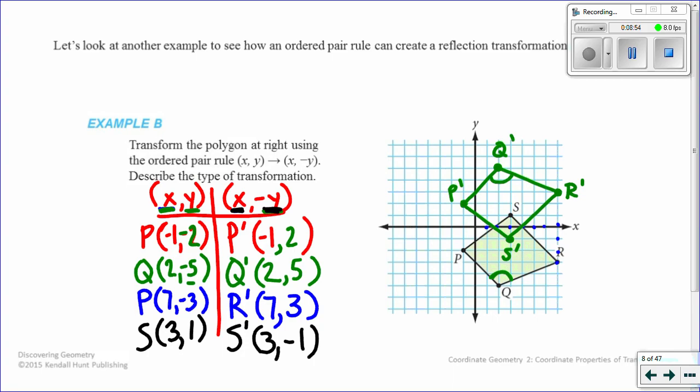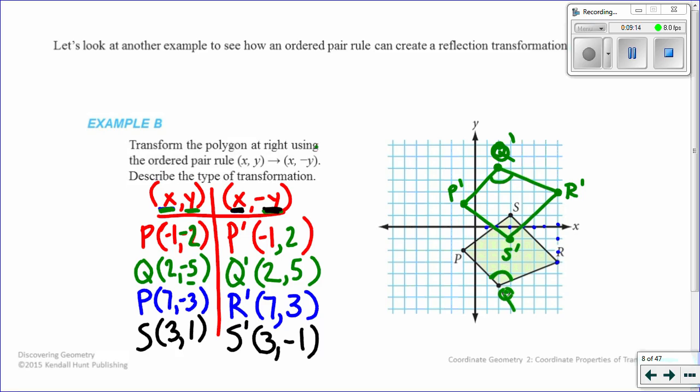So is this a translation? Have I moved every point the same number of spots, up or down, left or right? Or have I taken the original and flipped it over? Well, if Q started down here and Q prime is up here, it looks like what I've done is actually flipped it. So this is a reflection.